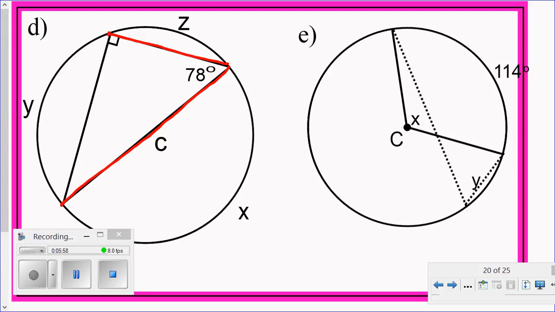That leads me to arc Y, this intercepted arc. So I'm going to do the same thing we did on the last several. I'm going to double 78 to get the intercepted arc measure. So 78 doubled gives me 156.